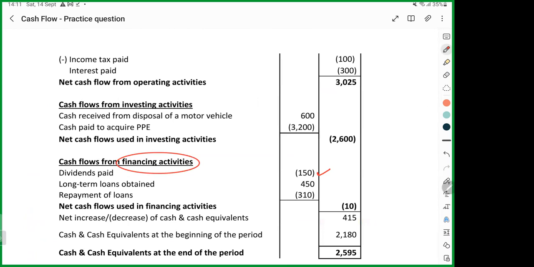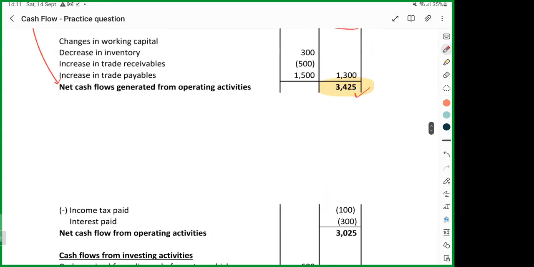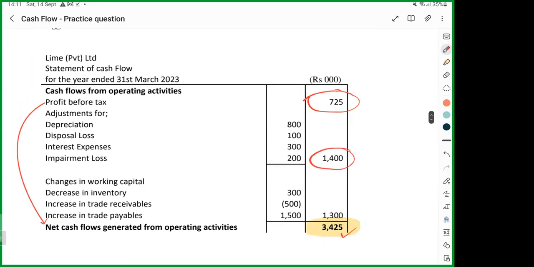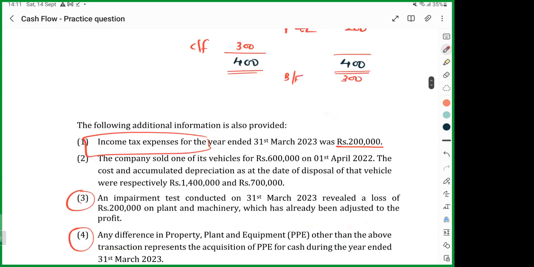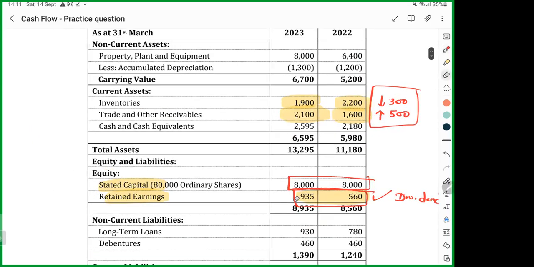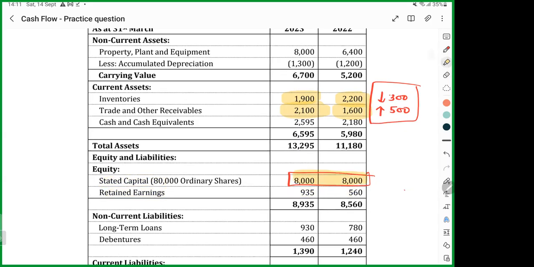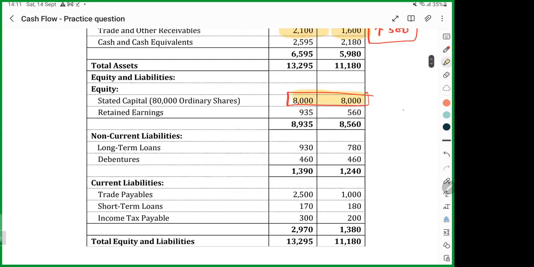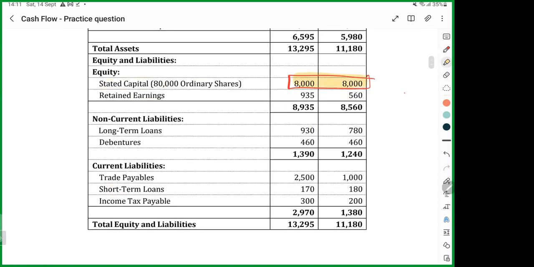There is no change in equity shares. If the equity shares were issued, then the stated capital should have increased. But in the statement of financial position, you see stated capital equity shares unchanged. Then there is no issue of shares.